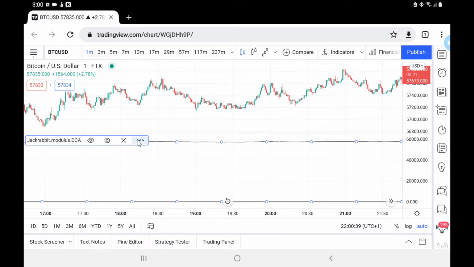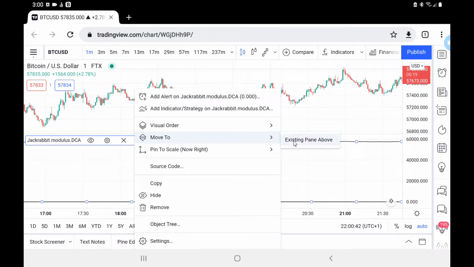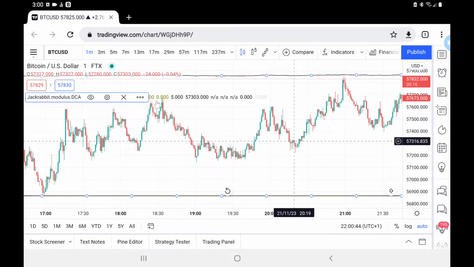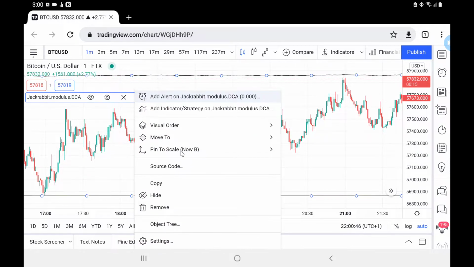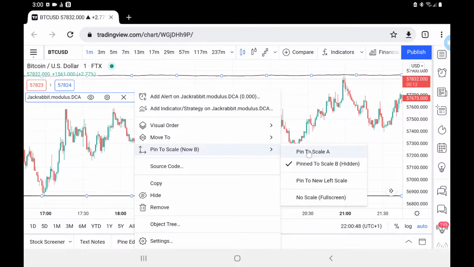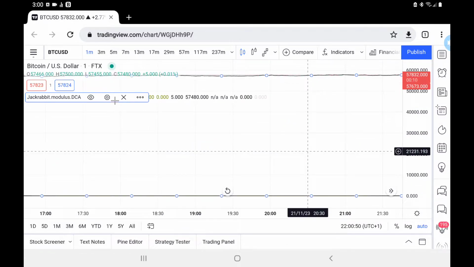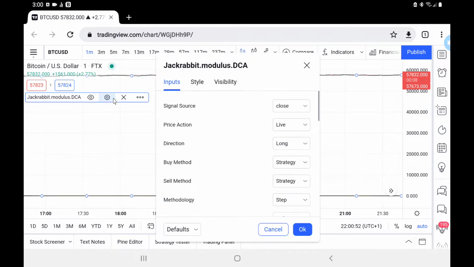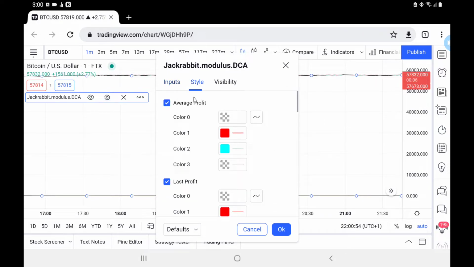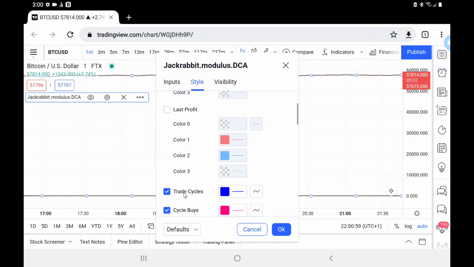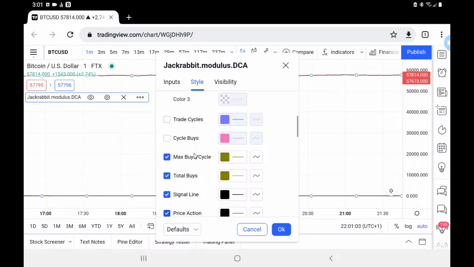We'll move it to the main chart, and we'll put it on the primary scale. And now we'll get rid of all of the noise. And then we'll get our second chart, our second indicator.